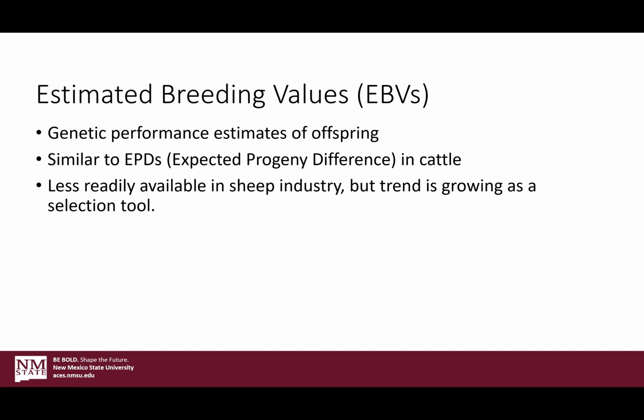But it is difficult to find rams that are registered with these EBV values at this time. That said, it's good to know in your mind what these different traits are going to be, what the values of these traits are going to look like. And so when that information is made more readily available, you are ready to make some really good selection decisions.